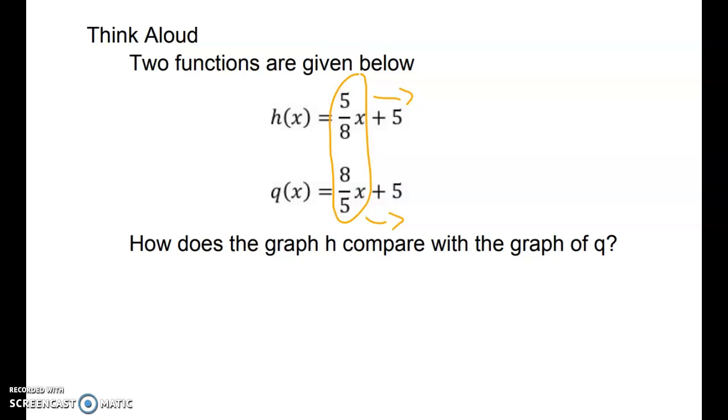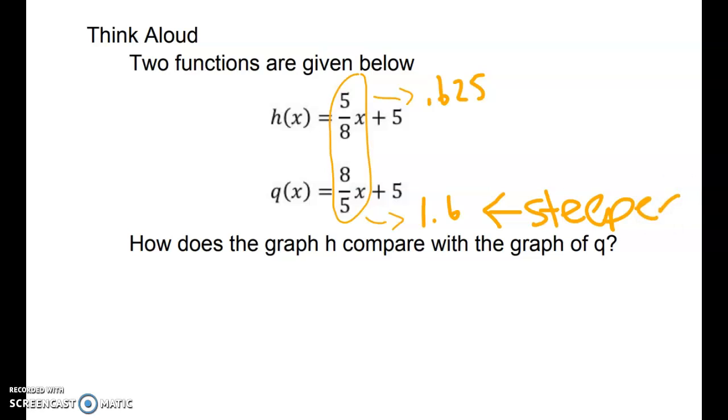So let me plug that into my calculator so you can see. I noticed 5/8 gives me the decimal 0.625. And then for q, 8 divided by 5 gave me 1.6. So I know the greater value will give me a steeper slope. That means q of x is going to be steeper.